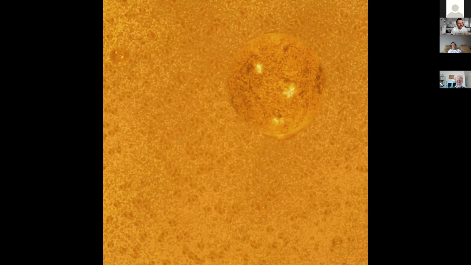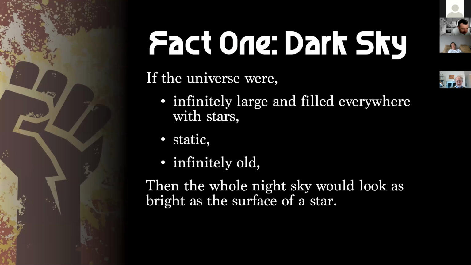So this is something known as Olbers' paradox: why isn't the night sky as bright as the surface of a star? And of course, we started this by proposing a model for the universe.